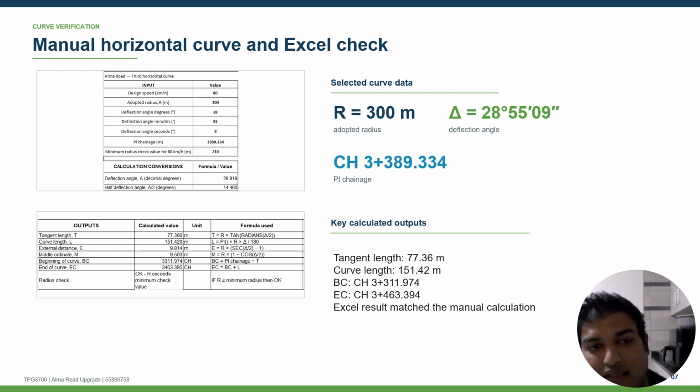The beginning of curve was calculated as 3 plus 311 chainage, and the end of curve was calculated as chainage 3 plus 463. These values were then repeated using the Excel curve calculation tool. The Excel output matched the manual calculation apart from the normal rounding, which confirms that the spreadsheet can be used again for similar horizontal curve calculations. The evidence of this is within my report.